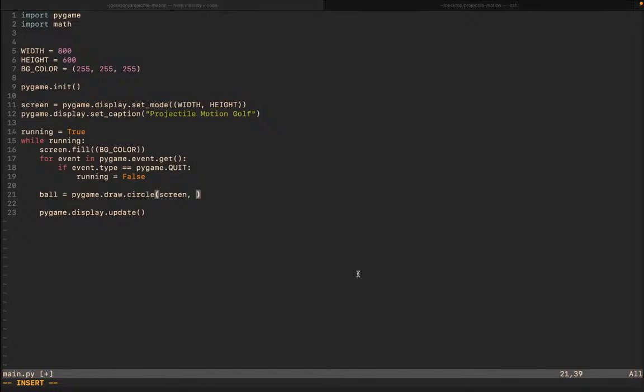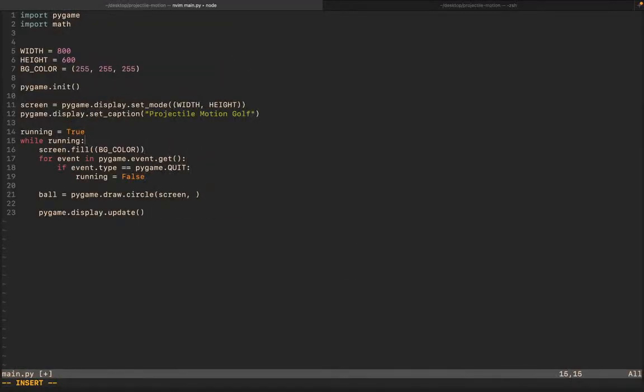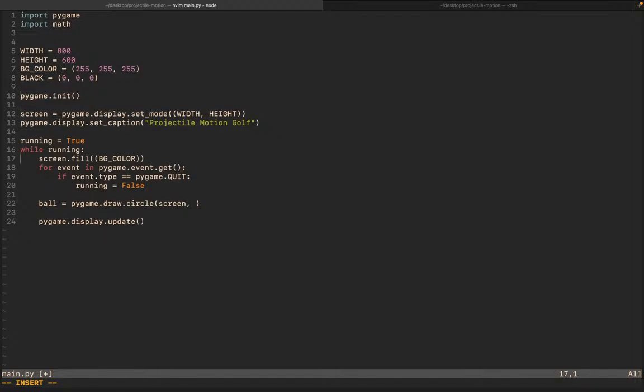So that color, we'll just pass in as black. I'll define black. We might use it somewhere else. I'm gonna put it in a variable itself, 0, 0, 0, and we can just pass that in.